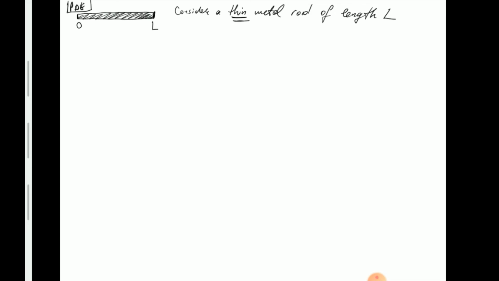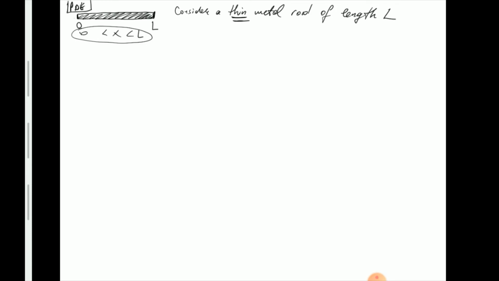In the sense that the material is just identified by the x coordinate. If you imagine this in Cartesian coordinates, this metal rod aligned from the origin to the right, each part of the rod is identified by its x coordinate.